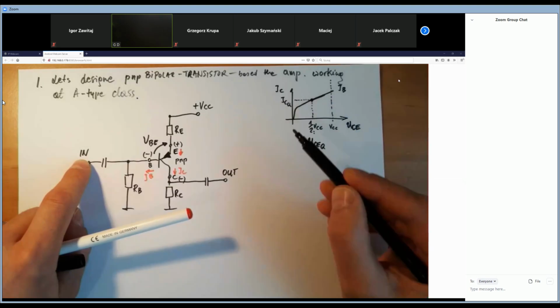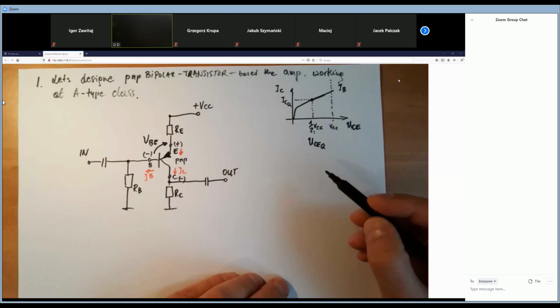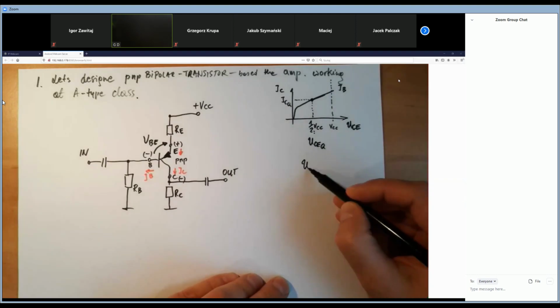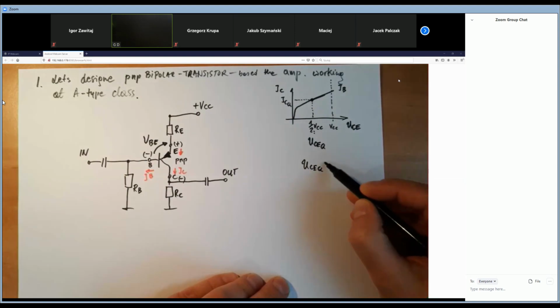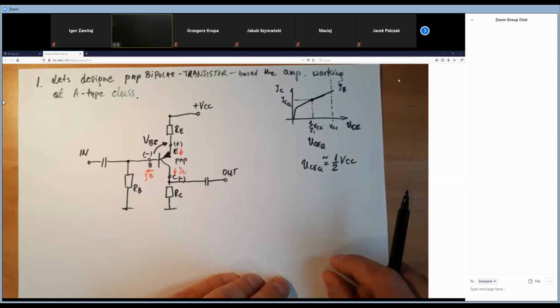So one condition to build such an amplifier is that we have to get UCEQ around half of VCC. This is the first information for us.